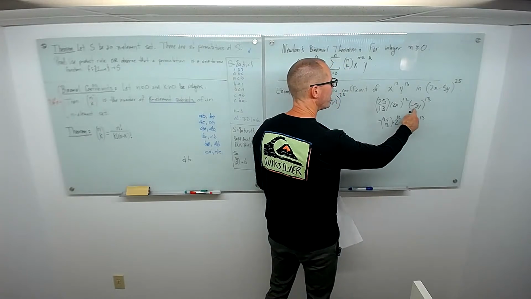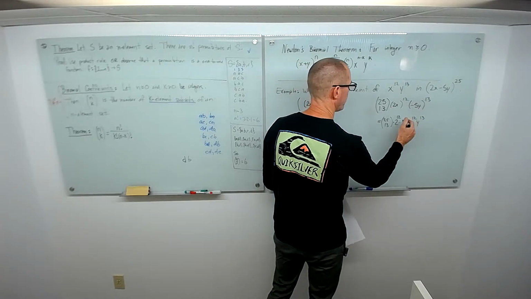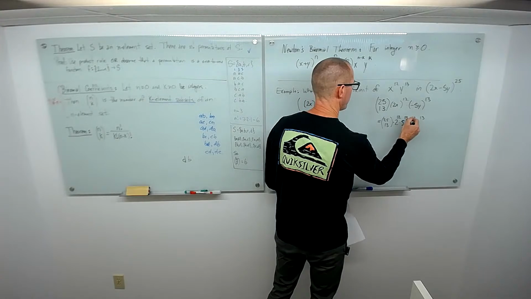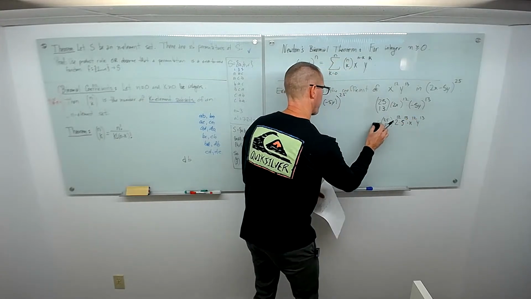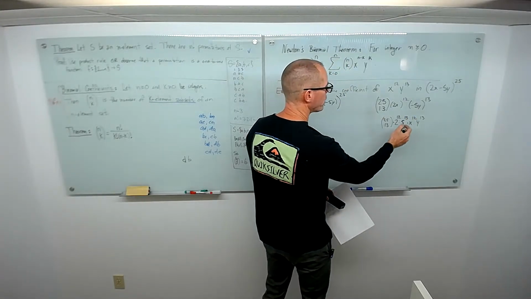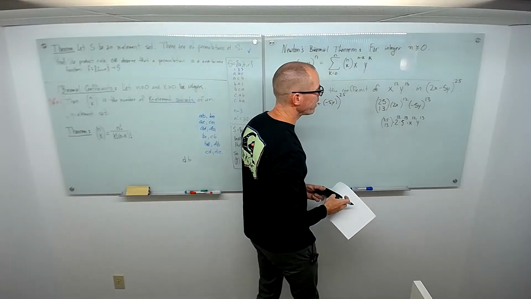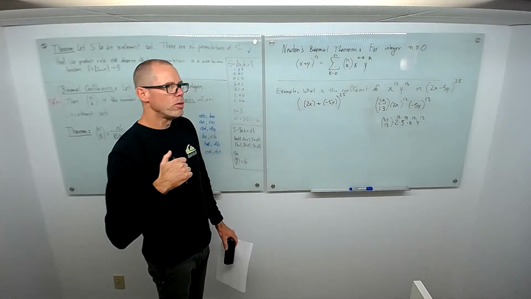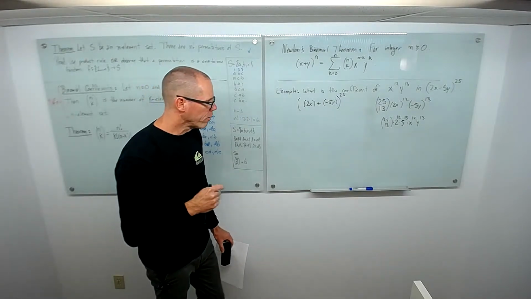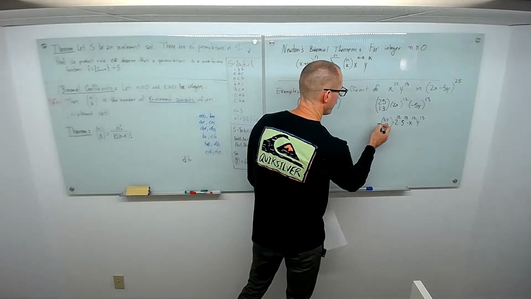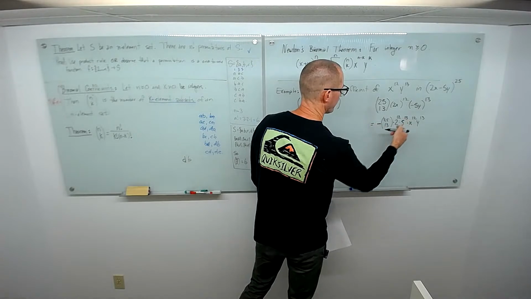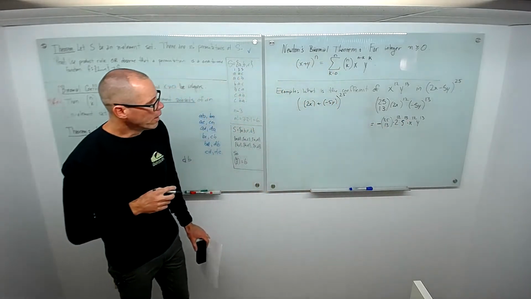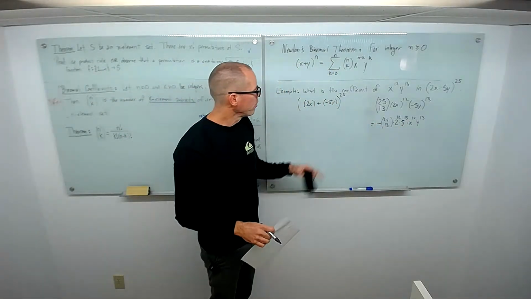And we also have a minus 5 to the 13. So minus 5 to the 13 is a negative number. A negative number to an odd power is a negative number. So we get a minus sign in front, and we get a 5 to the 13. So that's the answer to this question.